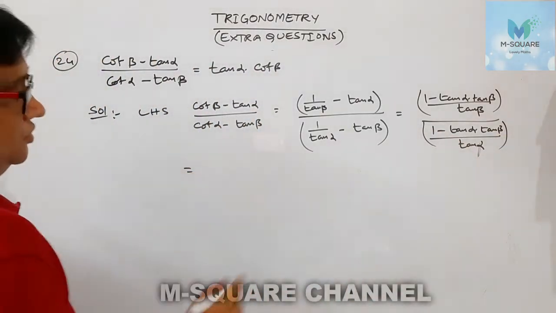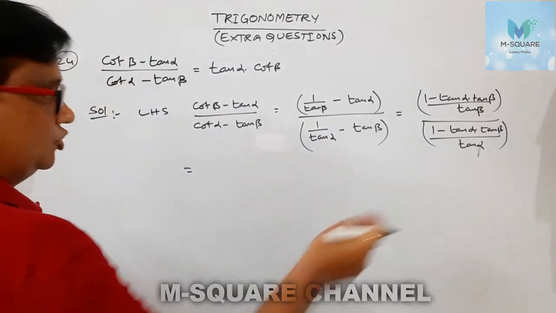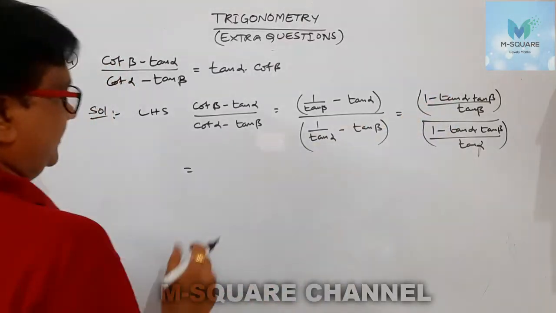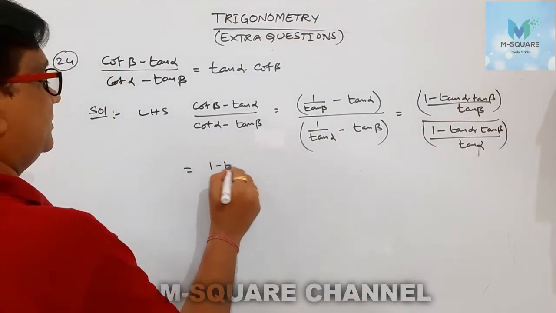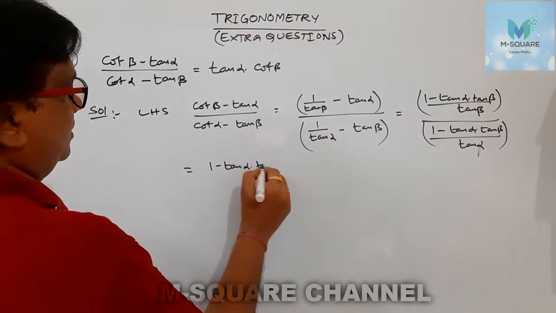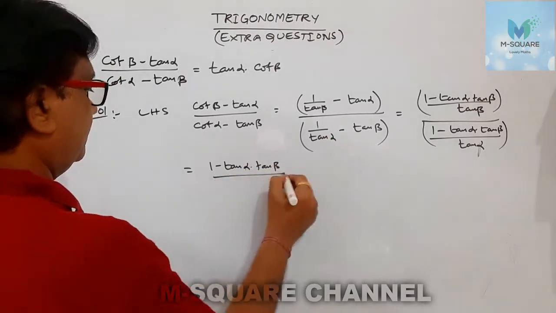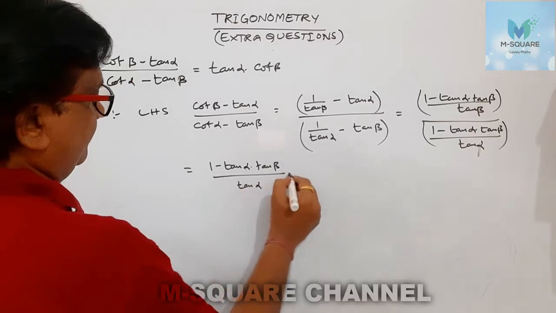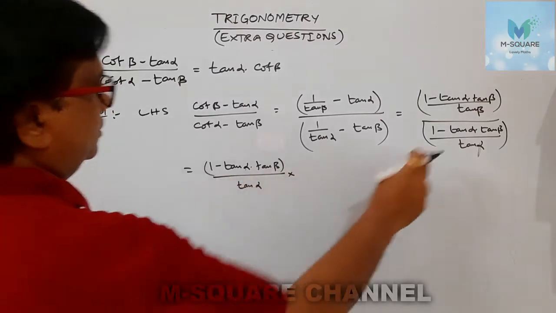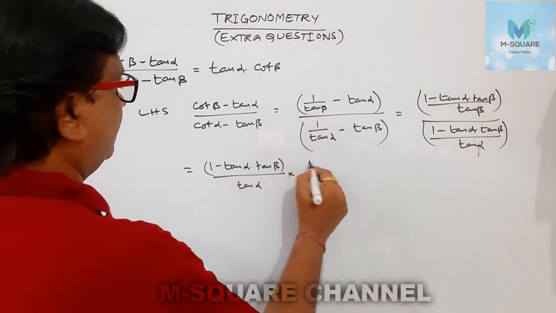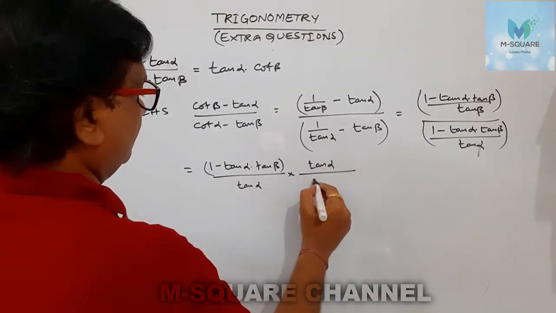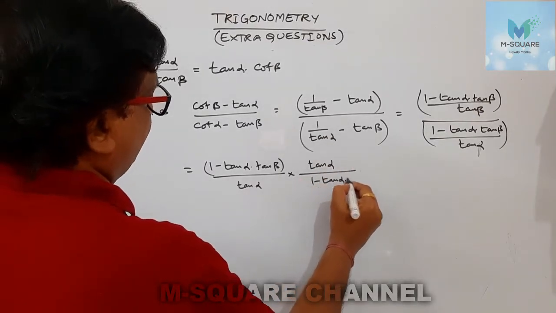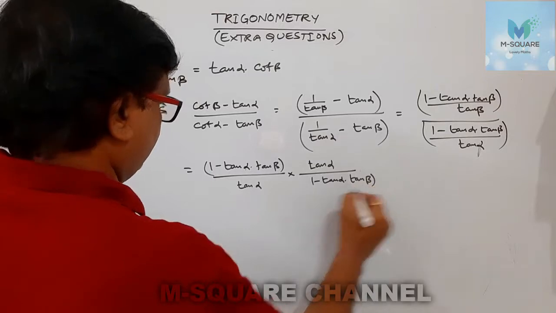In the numerator and denominator, the terms cancel. Here we have (1 minus tan alpha tan beta) by tan alpha, and the denominator is a reciprocal, so tan alpha by (1 minus tan alpha tan beta).